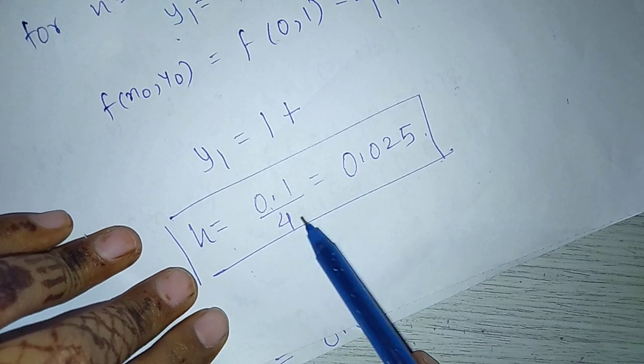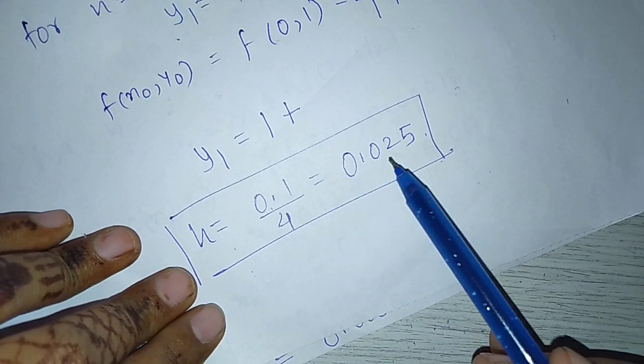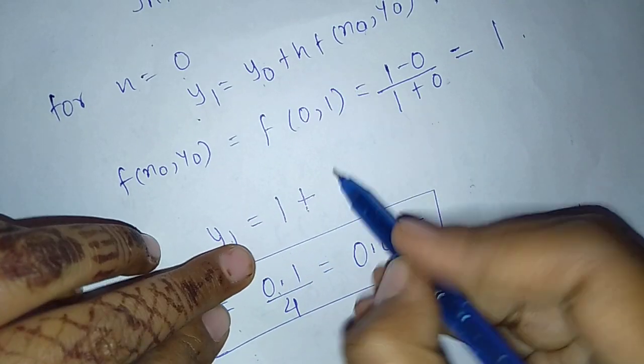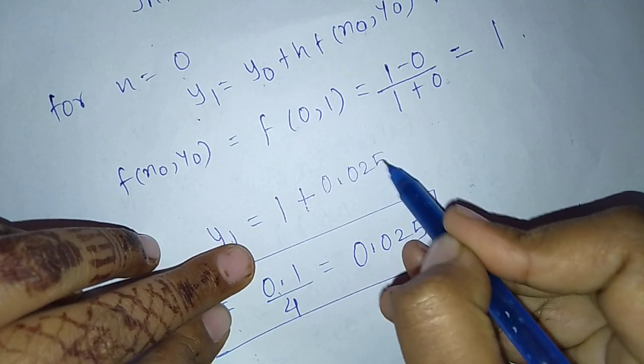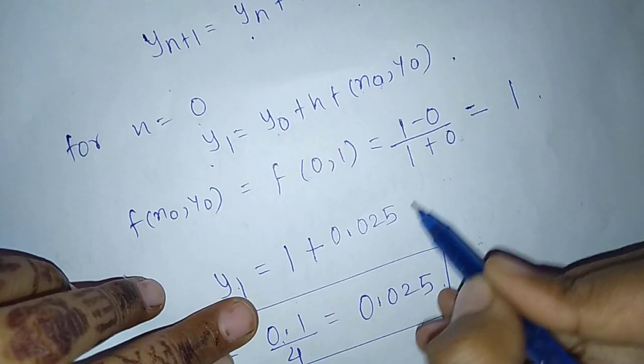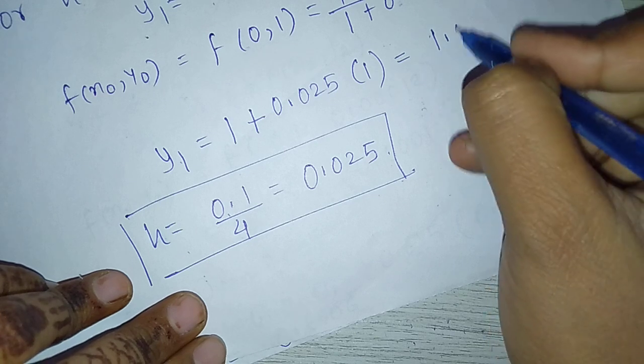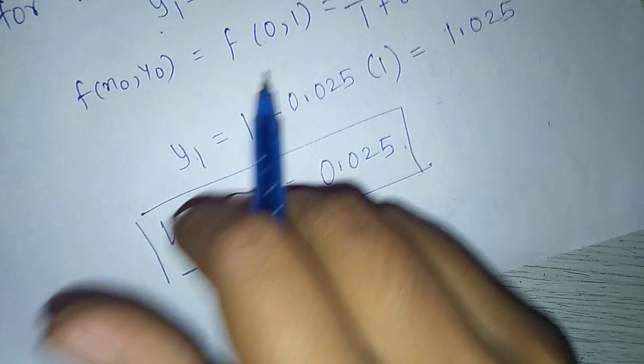That's why here we take h equal to 0.1 upon 4, which is equal to 0.025. So y1 equal to 1 plus h, which is 0.025, times f of x naught, y naught, which is 1, equal to 1.025.